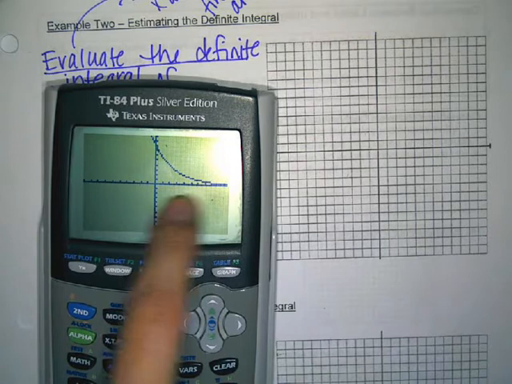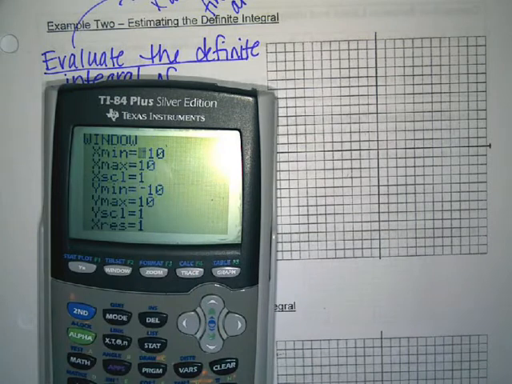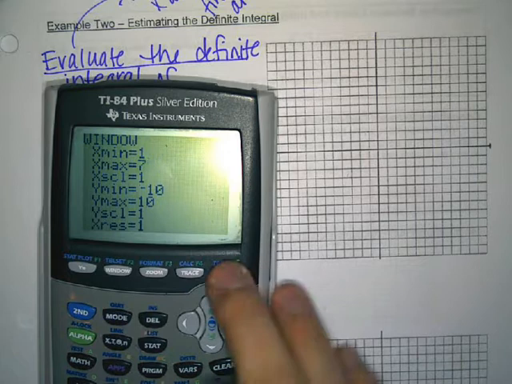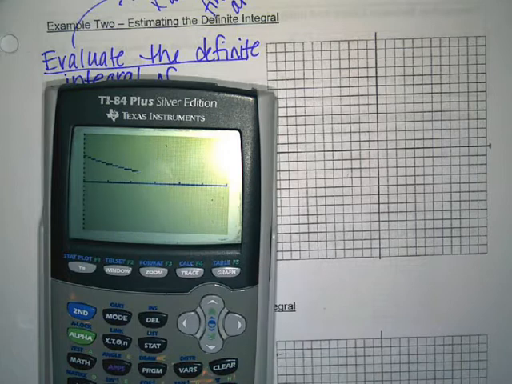So I'm probably going to play with my window a little bit here. And on my x-min, I'm going to go 1. My x-max, I'm going to go 7. So it only has the x-values that I'm looking between. And then let's see what happens there. Okay, so I'm getting a little bit better. Can I change my y-axis to even make it nicer?